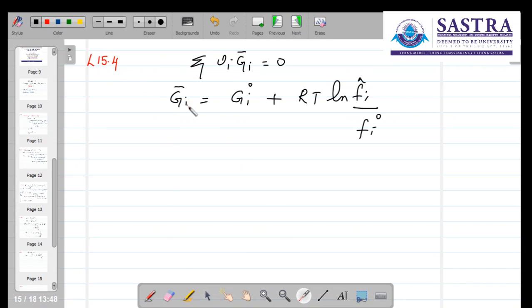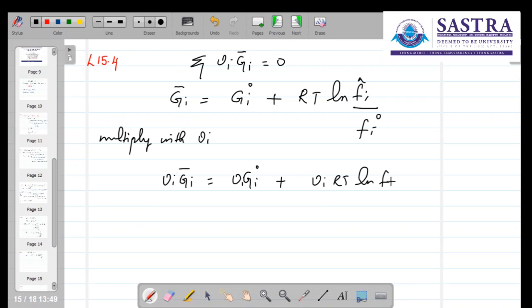So let us multiply this equation with the stoichiometric coefficient. Multiplying that with the stoichiometric coefficient, we end up with mu I Gi bar is equal to mu I Gi naught plus mu I RT ln Fi cap divided by Fi naught.